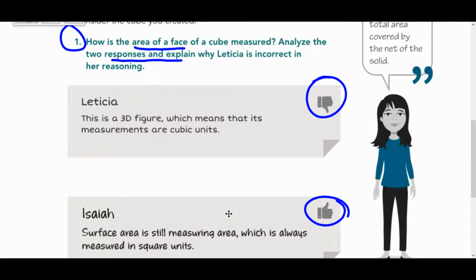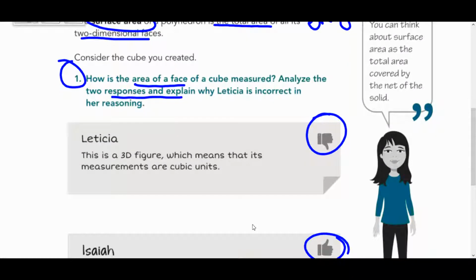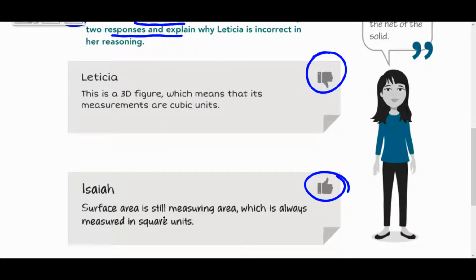Well, I think that's a pretty good point, Uncle Bob. So though we're working with three-dimensional shapes, surface area, again, is just talking about the outside space only. That's right. That's what we're talking about. Yeah. So surface area is still measuring area, which is always measured in square units. So I like what Isaiah said. He's got the right idea. Okay, I think you're right, Uncle Bob.